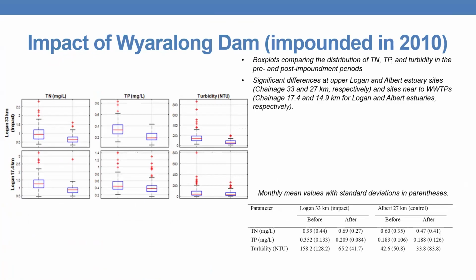Now we would also like to see the impact of the dam. This dam was impounded in 2010. This box diagram shows the distribution of TN, TP, and turbidity, three different parameters, pre and post the impoundment period. The left-hand side is pre, and the right-hand side is post. What difference are you able to see?